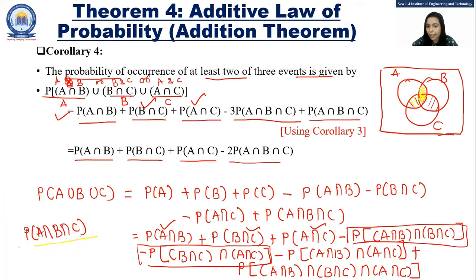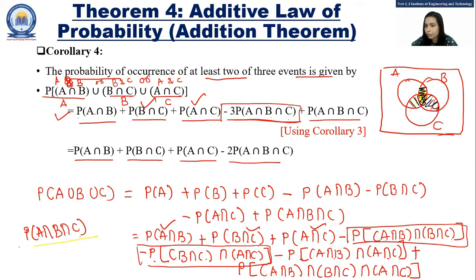So this way, minus P of A intersection B intersection C, minus P of A intersection B intersection C, minus P of A intersection B intersection C. So from that we can write minus 3P of A intersection B intersection C. Now for this, A intersection B means this part, B intersection C means this part, and A intersection C means this part.